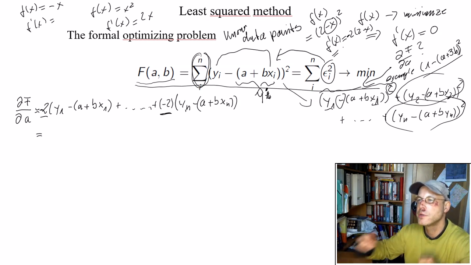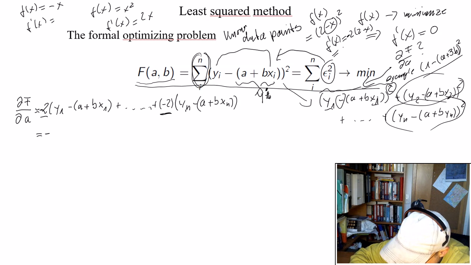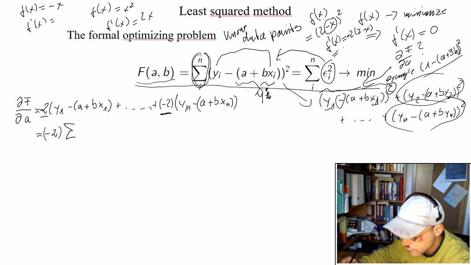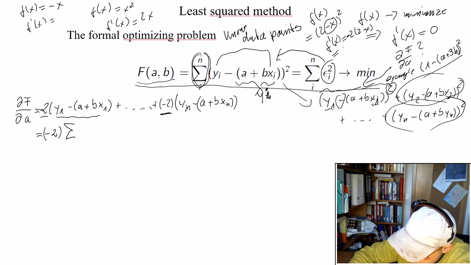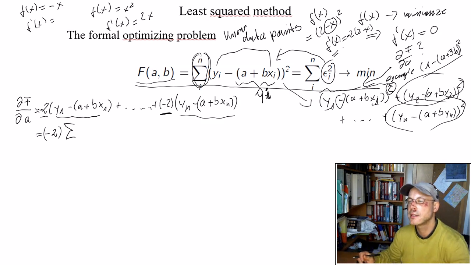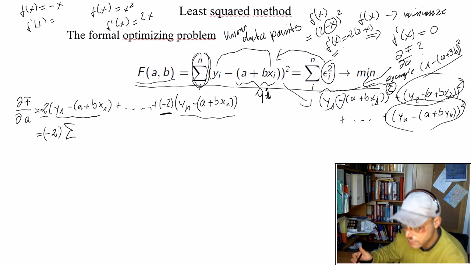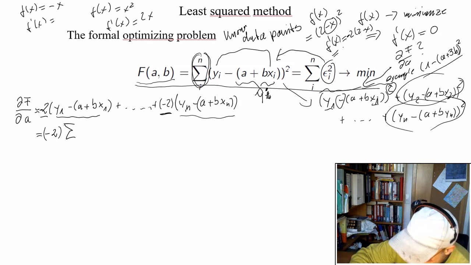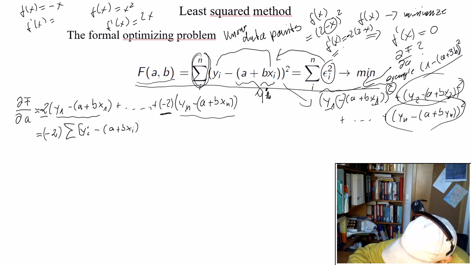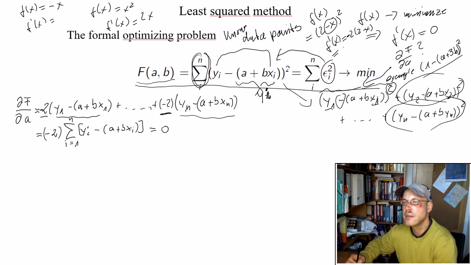This we can then put in front of our summation sign. So -2 times the sum, and now we have only in brackets our errors and not squared anymore. So yi minus (a plus b xi), i equals 1 to n, and this is 0.